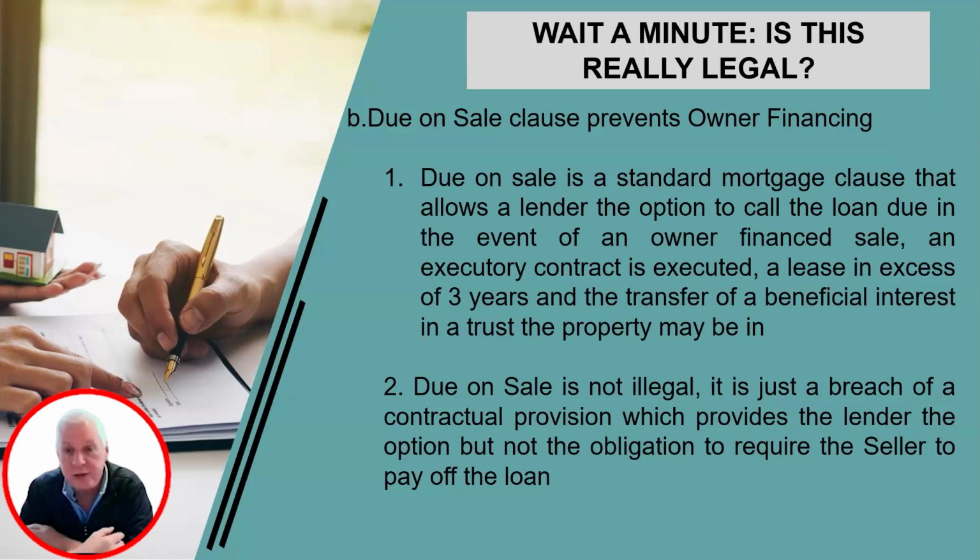Well, over years, this has changed where banks, because of control issues, I want to say, if you sell a home with an executory contract, that could be a contract for deed or an agreement for sale or a land contract based upon what state you might be in, they can call the loan due.